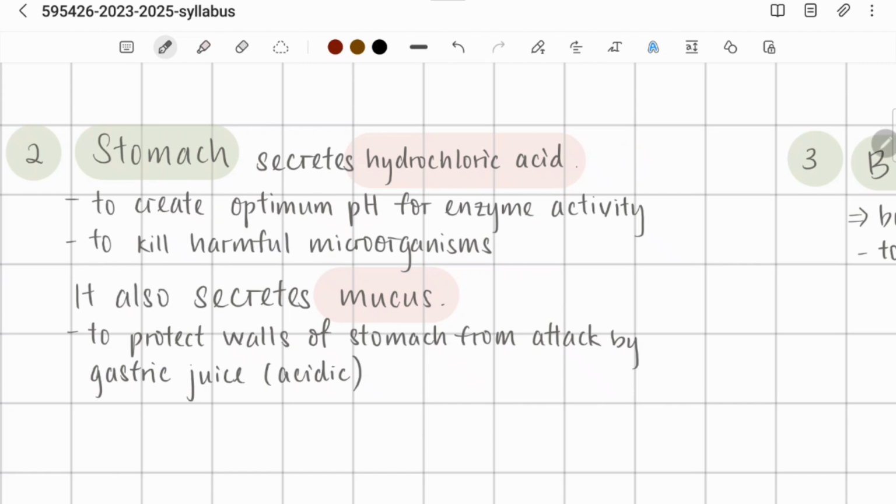The enzymes that break down protein work best in an acidic environment. That's why they need this hydrochloric acid to provide the acidic environment, so that they can work in the most efficient condition. Other than that, it also helps to kill harmful microorganisms.